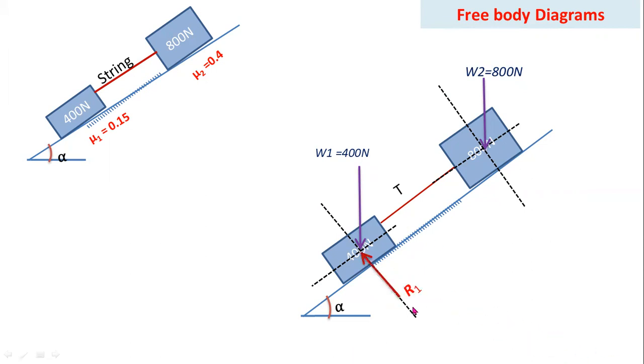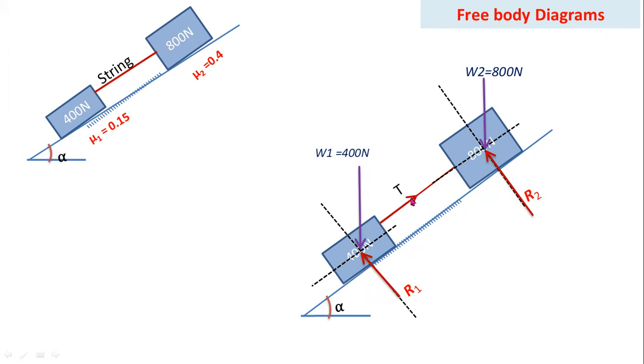This is the normal reaction between the block 400 newtons and the inclined plane, R1. Always this normal reaction makes an angle of 90 degrees with respect to the inclined plane. Now you have to consider the reaction force between the block 800 newtons and the inclined plane, R2.